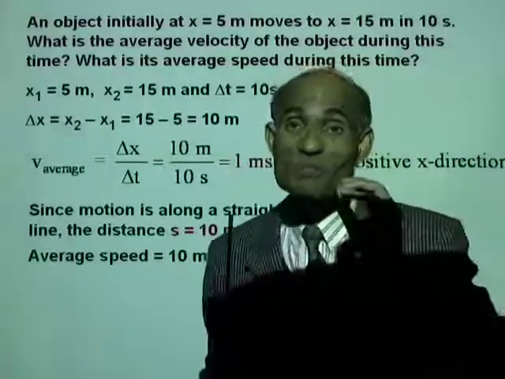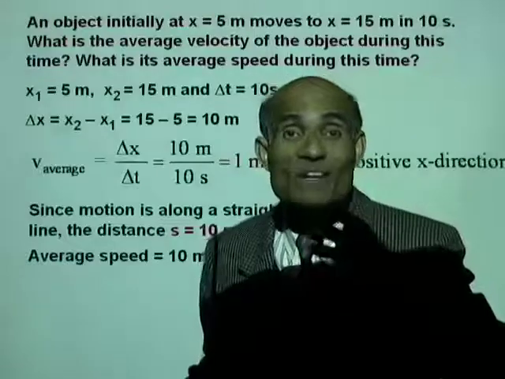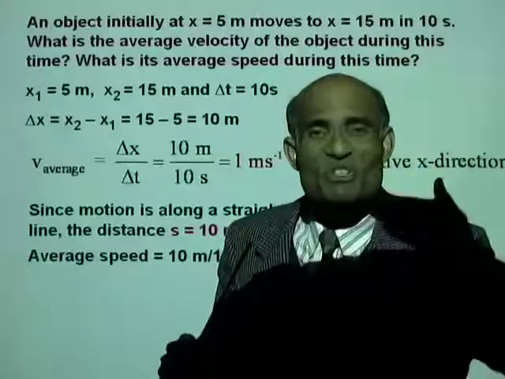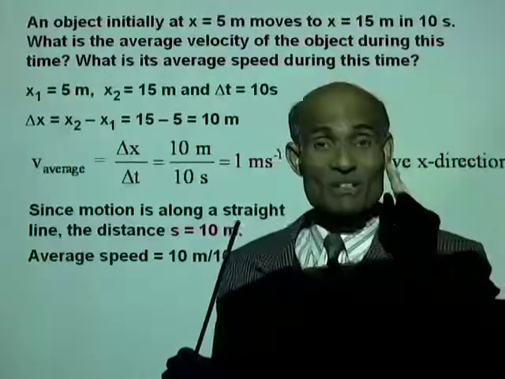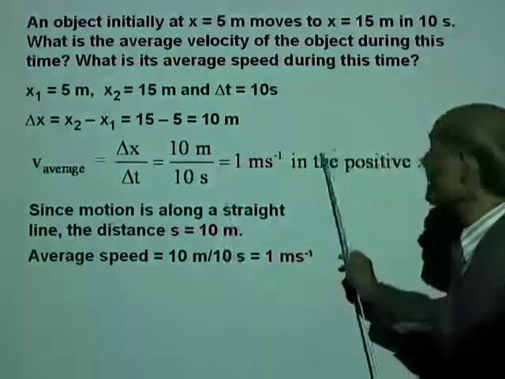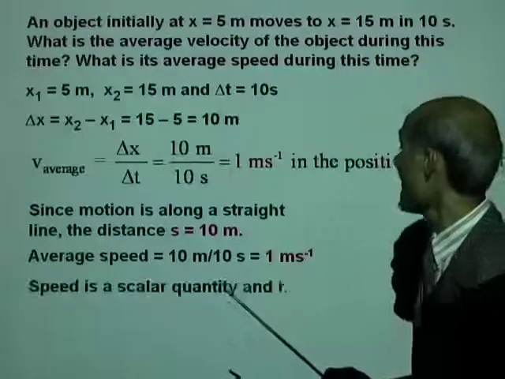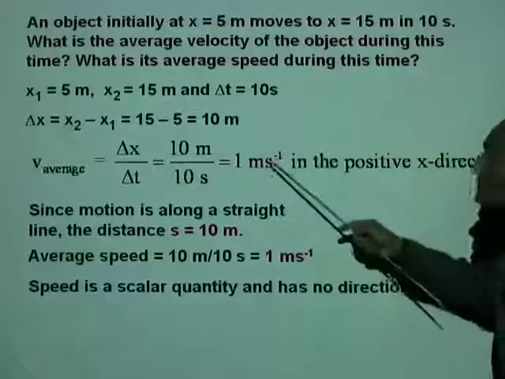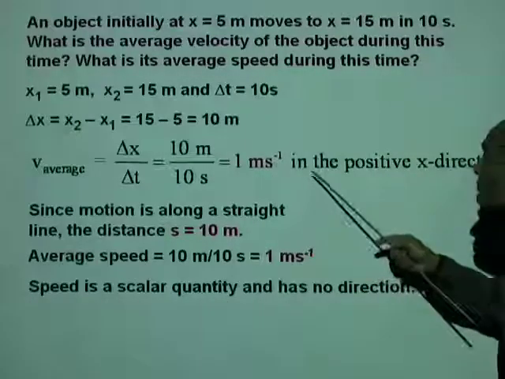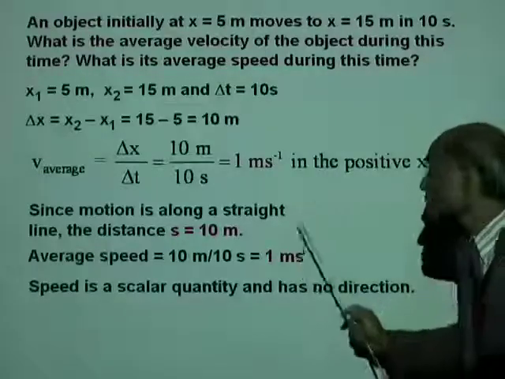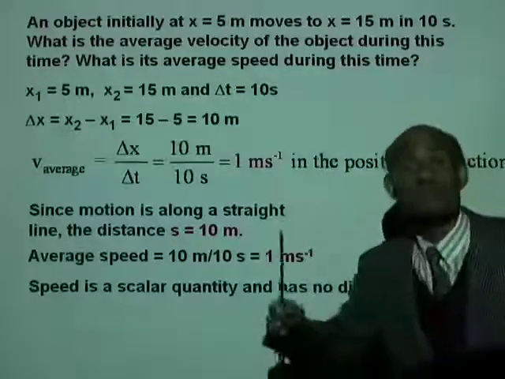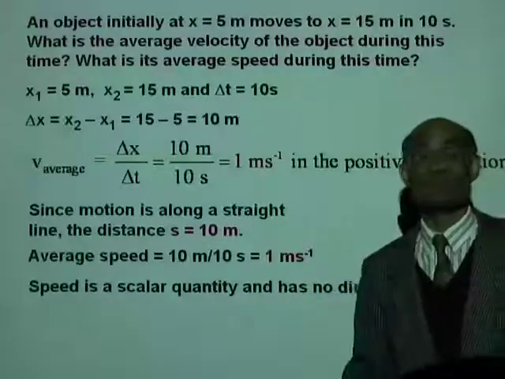When you describe speed, you are only interested in the rate at which the distance is being covered. You are not interested in the direction. So look at the way we write the speed and the velocity. The velocity is 1 meter per second in the positive x direction, whereas speed is 1 meter per second.